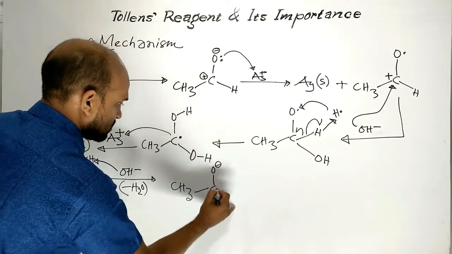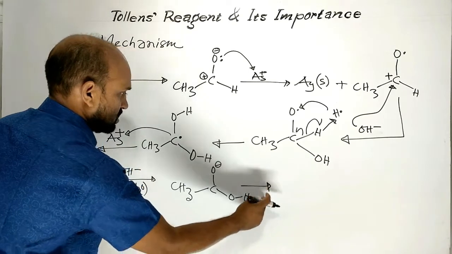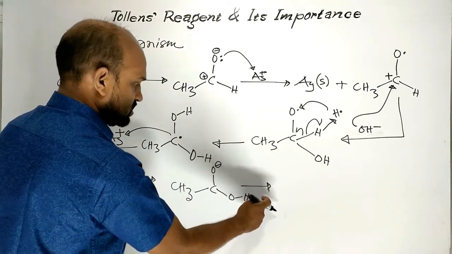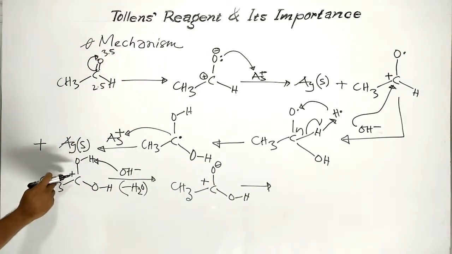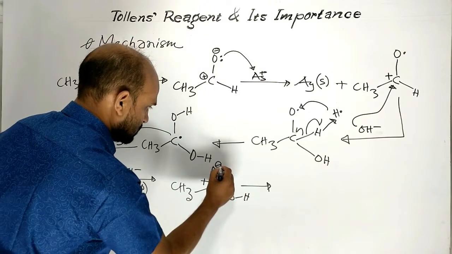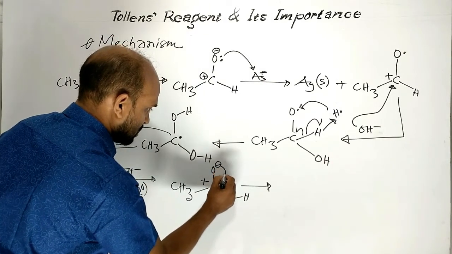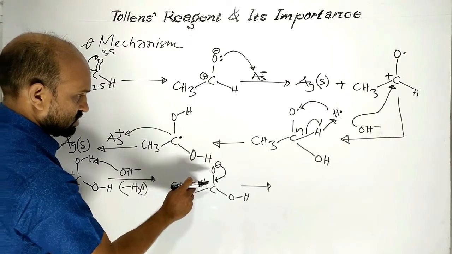Here minus, OH. Then in this ion, this carbon is positively charged. Now here, this lone pair of electrons turns into a bond pair to vanish this positive charge.